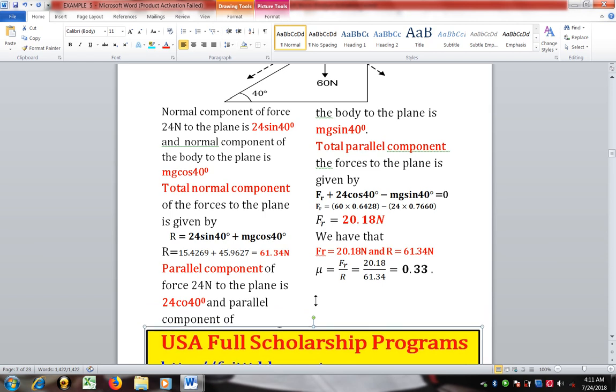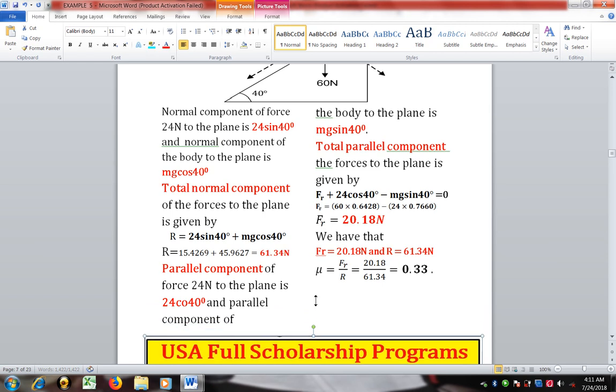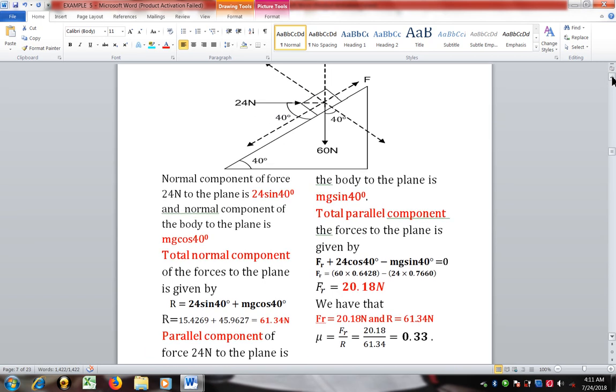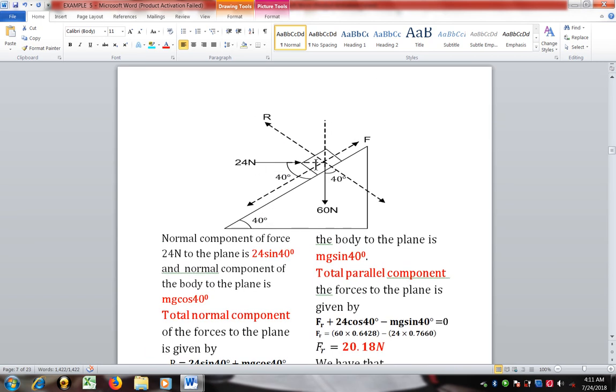Now, we know that the parallel component of force 24 Newton to the plane is 24 cos 40 degrees. If we resolve this 24 parallel to the plane, the angle between the force and the plane is 40 degrees, so its component along the plane is going to be 24 cos 40 degrees.